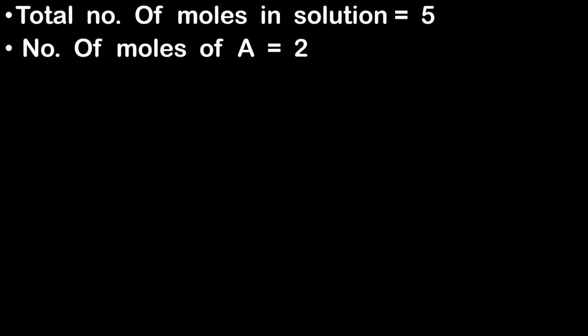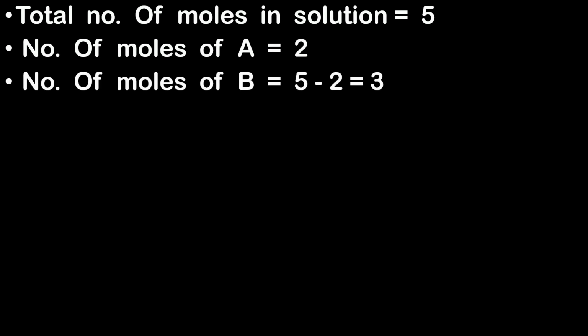Now, obviously, how many moles of B will be present? Obviously, it is nothing but 5 minus 2, which is equal to 3. So, we have cleared 3 terms: total number of moles in solution, 5; number of moles of A, 2; number of moles of B, 3.